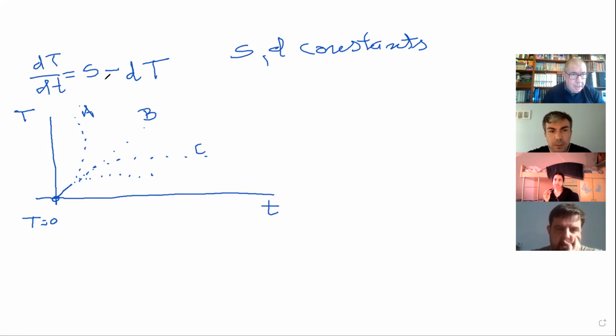The d times T term increases, and since it is negative, the derivative goes down. Okay, exactly, that's right. So the derivative is smaller than what we had before. So A, B, or C? I would say C. So Maxi says C.